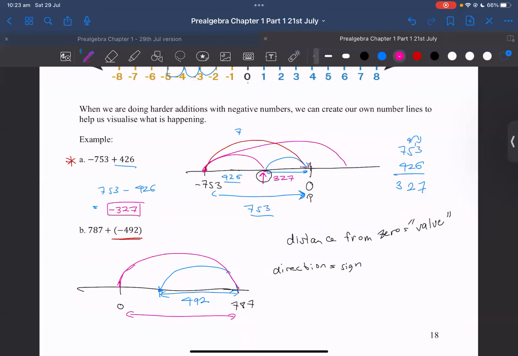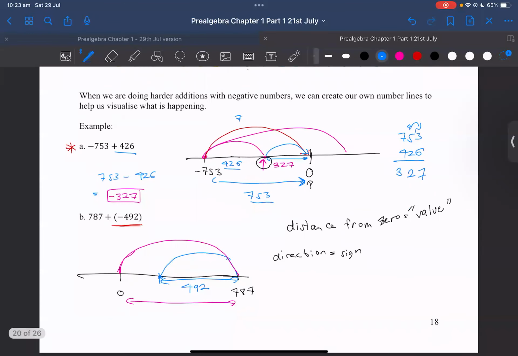What's the whole distance between 787 and 0? What would that be, Ryan? Because the value is 787, the distance from 0 is also 787.